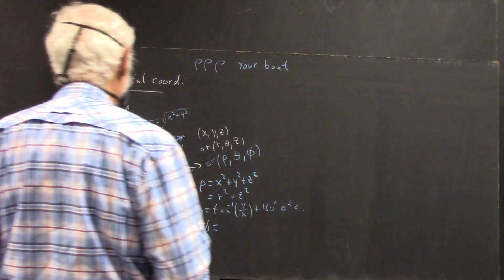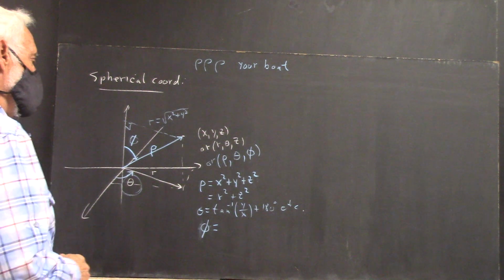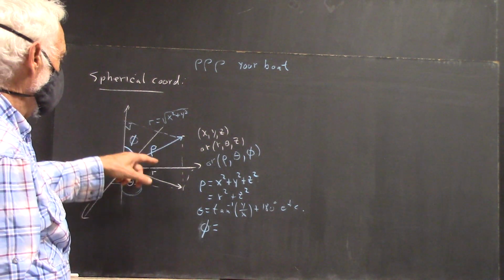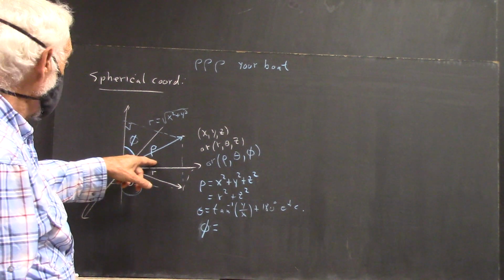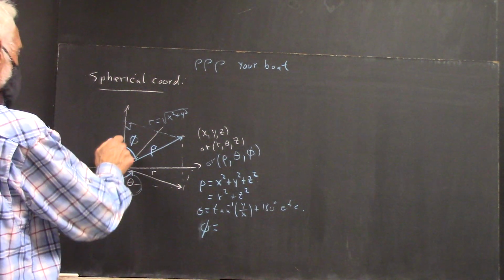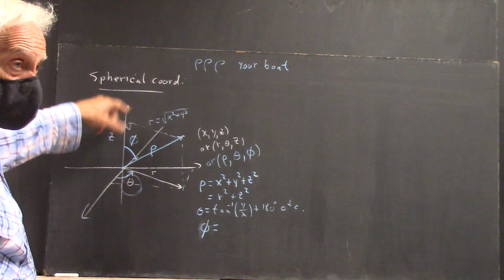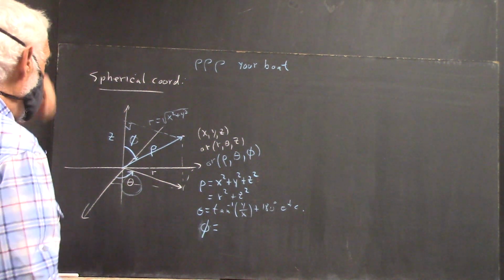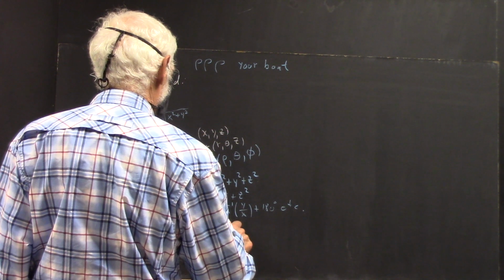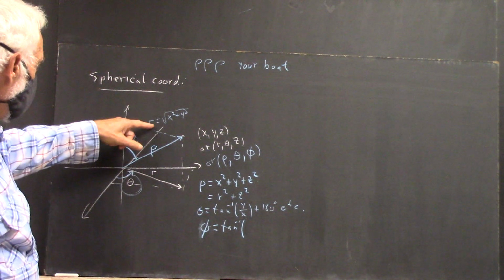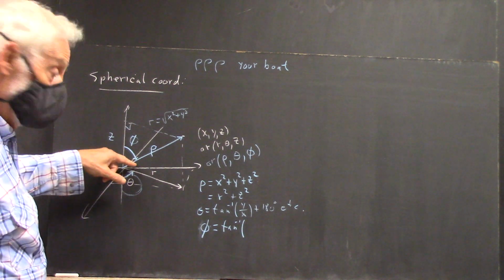So phi is, well, that's the opposite side, rho is the adjacent side, and z here is this side, okay? So phi is the inverse tangent of the opposite over the adjacent, right?